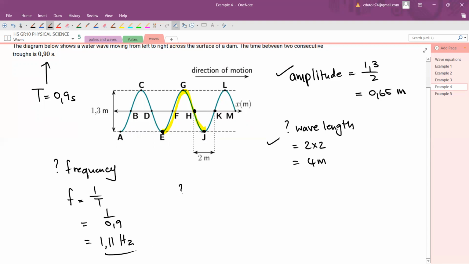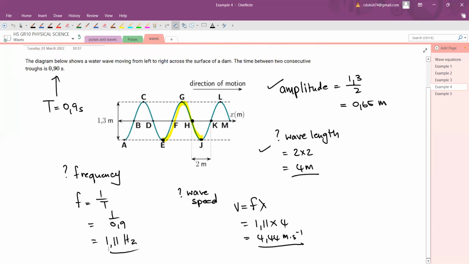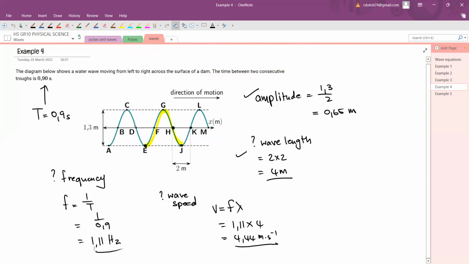And then they can ask you, what is the wave speed? Speed is F lambda. The frequency is 1.11 hertz, and I'm going to multiply that by the wavelength, which we calculated as 4. That gives me 4.44 meters per second. And then we're finished.